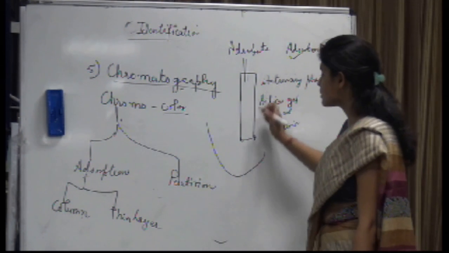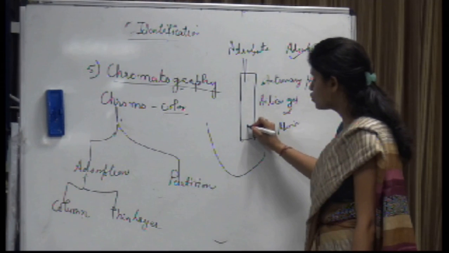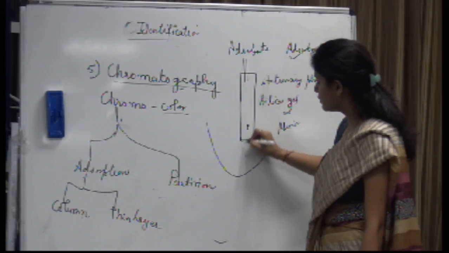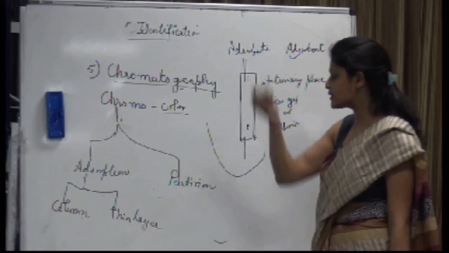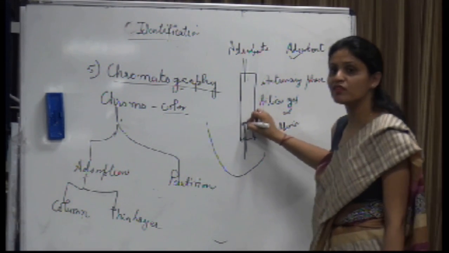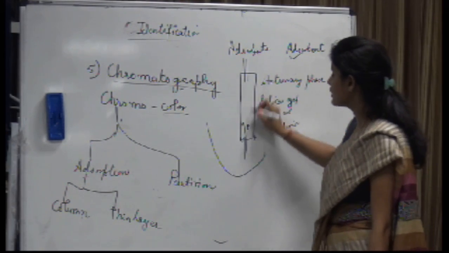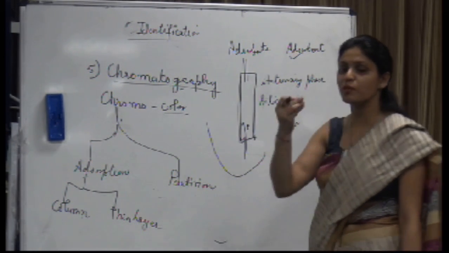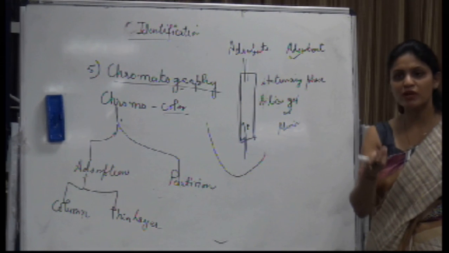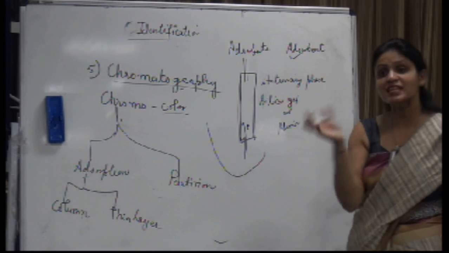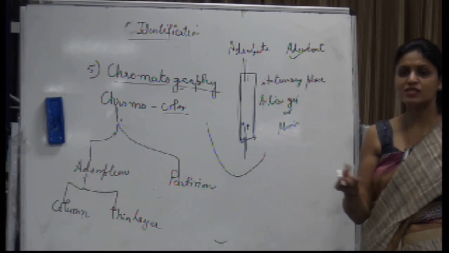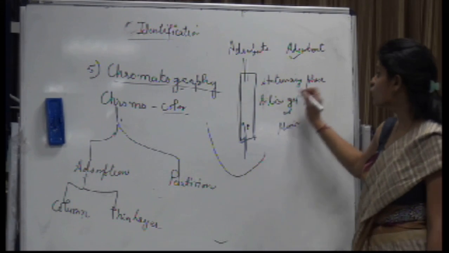You have taken some ink, put some ink spots on the chromatogram, and inserted that chromatogram into the water, and the water would travel along the chromatography strip. So this adsorbent, that means your chromatogram, was the stationary phase, while the moving liquid, which actually separates the two layers or any amino acids or two inks, is known as the moving phase.